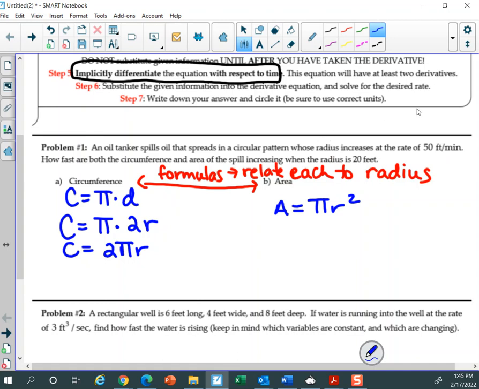That's something I know change information about. How fast are both the circumference and the area of the spill increasing when the radius is 20 feet? Given the rate of change of the radius, I want the rate of change in the circumference. And given this rate of change in the radius, I want the rate of change in the area.